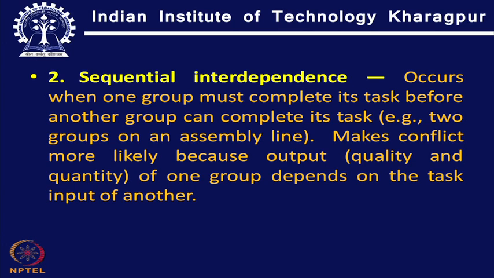It is required that one group must complete its task before another group can complete a particular task. So, it is all there in that chain. Group 1 has to complete, and then only can group 2 start, just like in an assembly line.